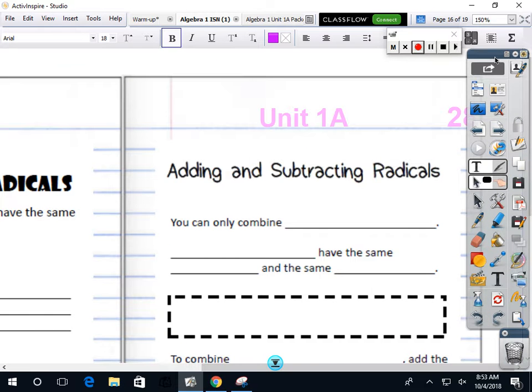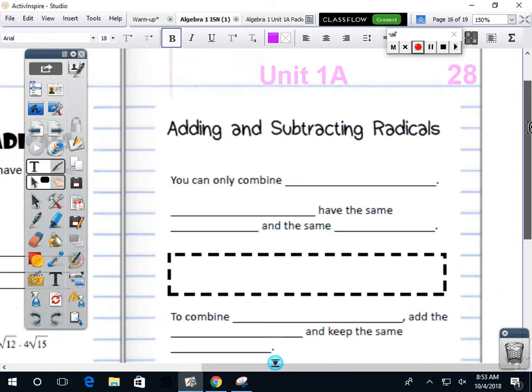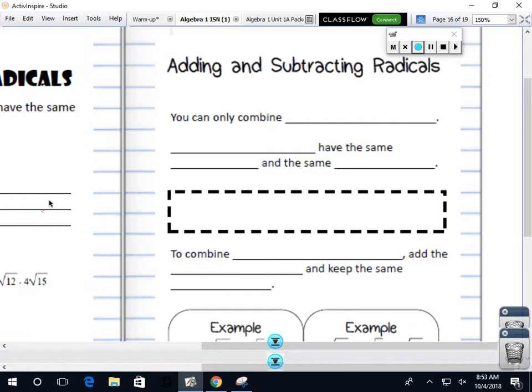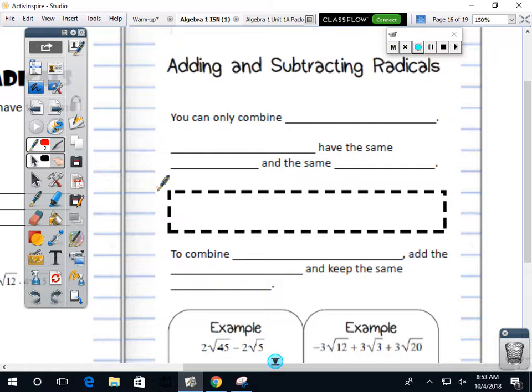All right, so first we're going to learn how to add and subtract radicals. When you are asked to add or subtract radical expressions, you can only combine like radicals. Okay, you can only combine like radicals.